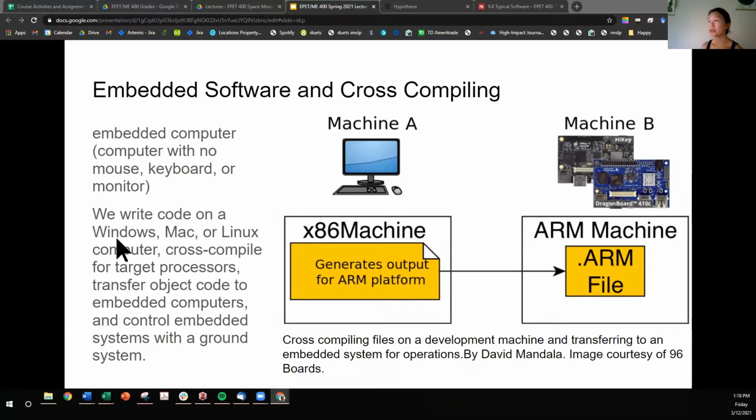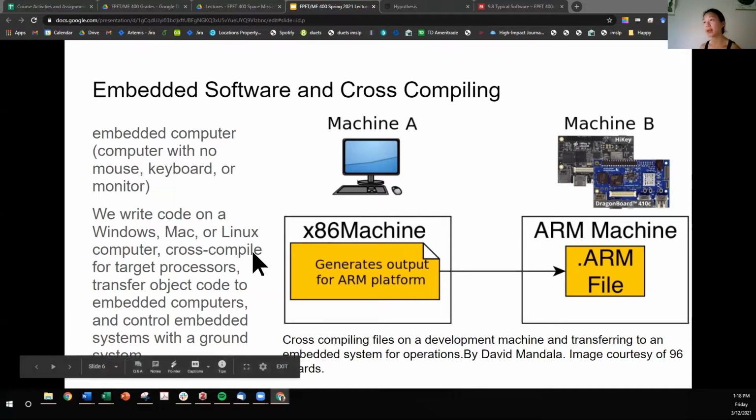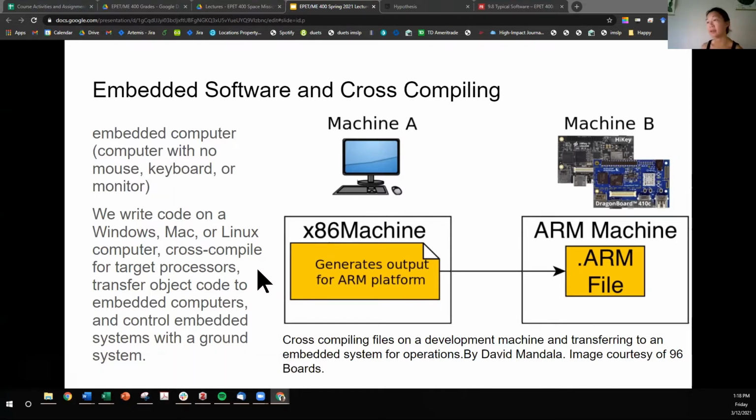The process is to write our flight software or code on some machine, on a Windows, Mac or Linux computer, and then we cross-compile for target processors. So that was that build action that you did when you were trying to run the Cosmos tutorial. And then you transfer this object code to the embedded computer.